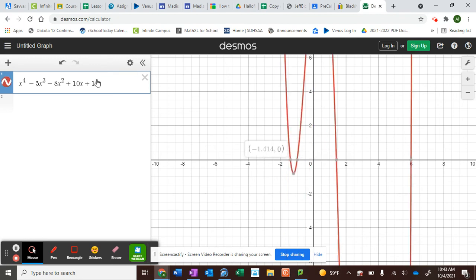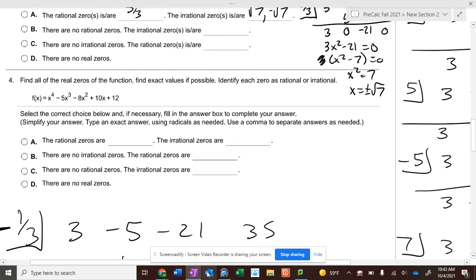Okay, looks like we cross here at an ugly number, -1, 0, an ugly number, 6, 0. So -1 and 6 should be answers, correct?